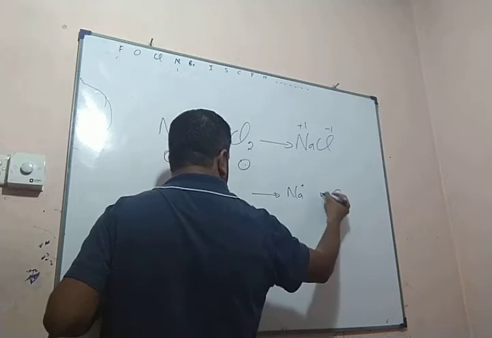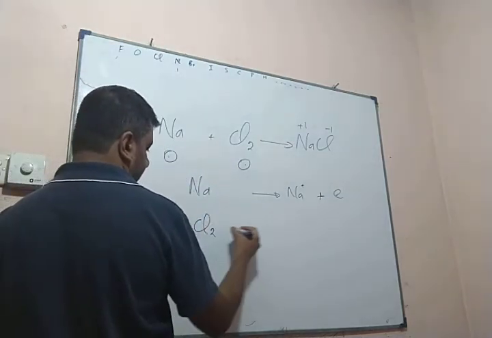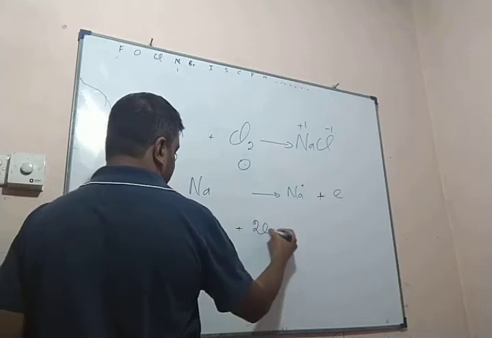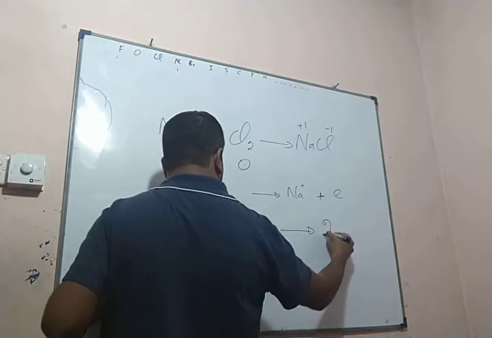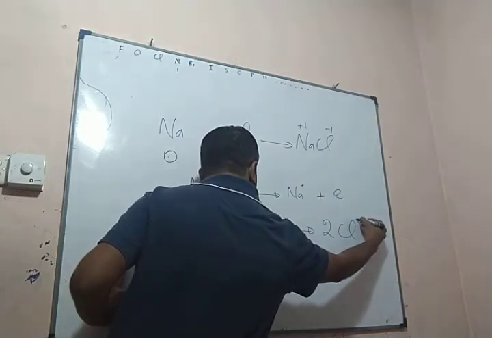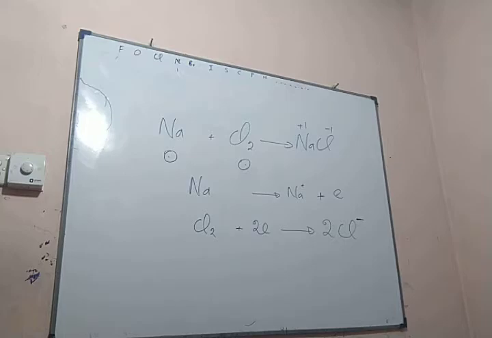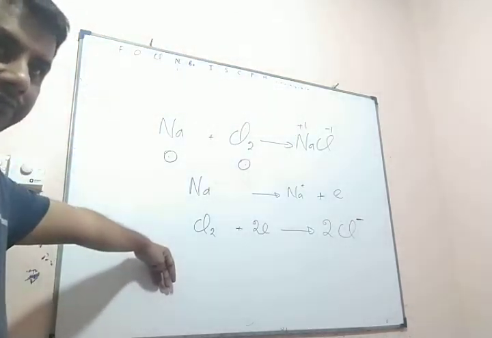This is the oxidation, and the reduction is Cl minus. These two are called half reactions.